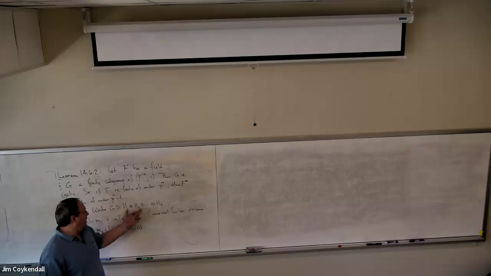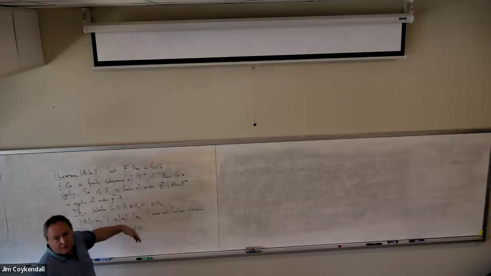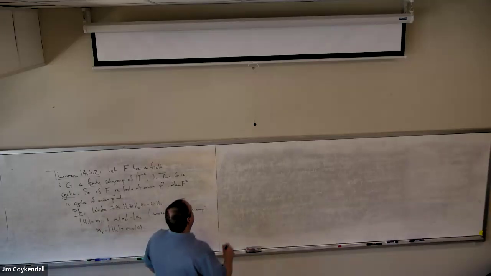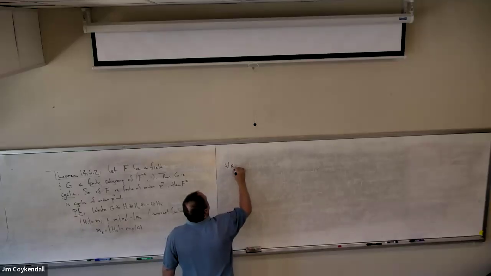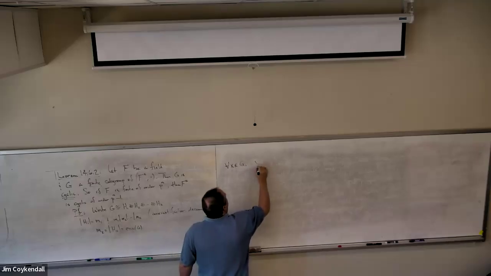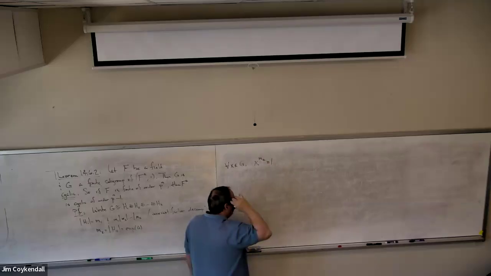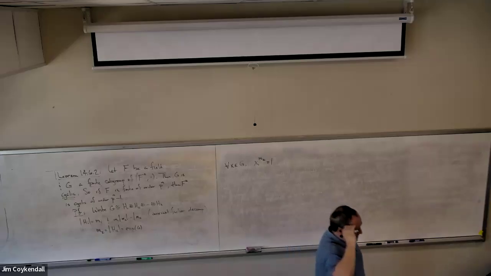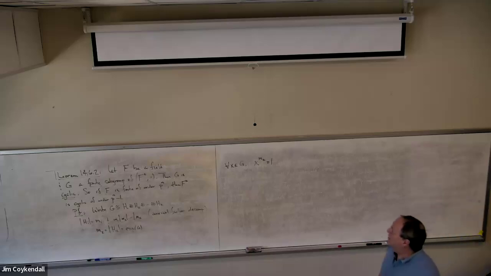And actually, since all these other groups, since M1 divides M2, etc., if I take anything in this group to the MK power, it'll be the identity. So for all X in G, X to the MK power is equal to the identity. Right? Every one of them.